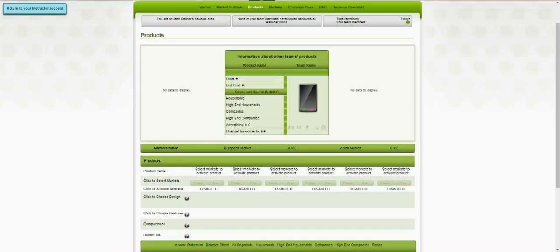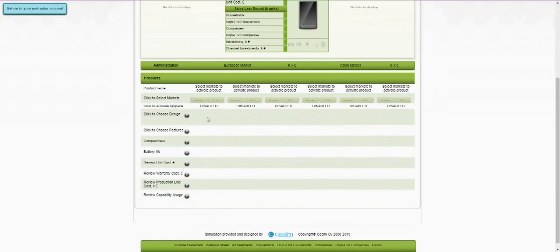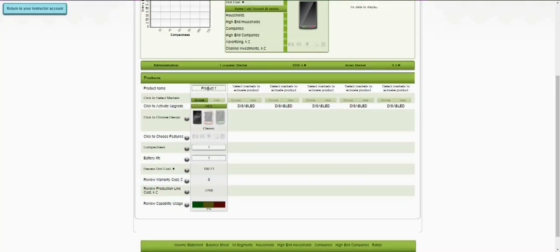So once you've read the market outlook, you can then decide which segment is important to you, and you can create a product. How you create the product is by clicking a particular market. So you can make a product for the European market and the Asian market, or just the European market. Depending on which market you want to do this product for, you can make the product.